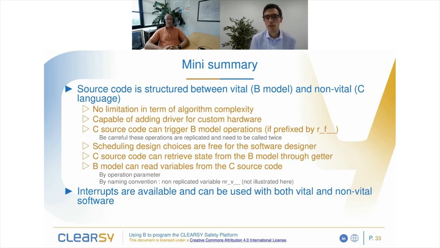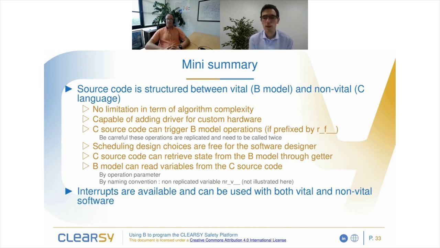The operations that can be seen from the C source code are simply prefixed by R_F. You are free to schedule the program the way you want. We have also seen that the C source code can get data from the B model through getters. And finally, the B model can retrieve parameters or variables from the non-safety critical part, either by operation parameter, which is what we have done in LC treatment, or by naming convention.